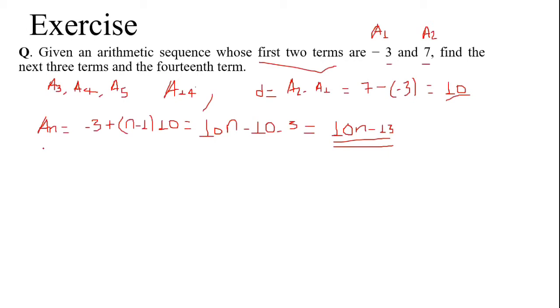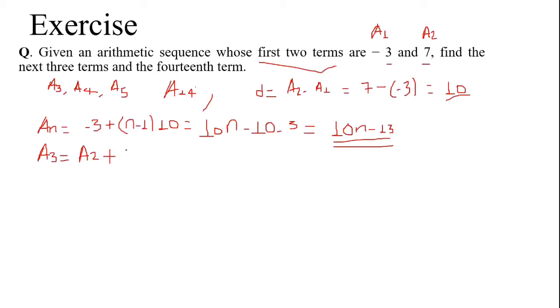A3 means what? A2 plus what? A2 plus the common difference D, that is 10.